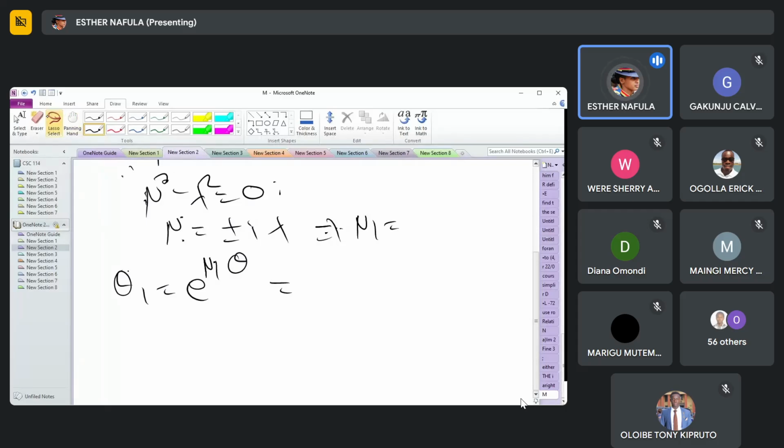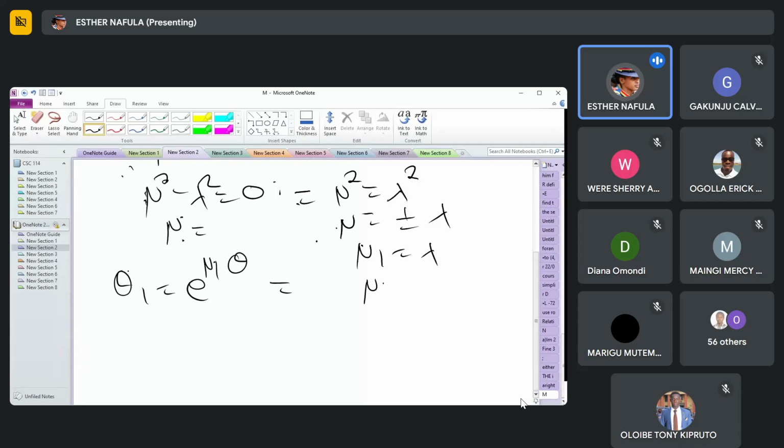It's not complex. If you solve mu squared equals lambda squared, then this is the same thing as mu squared equals positive lambda squared. So mu is plus or minus lambda. So you can set your mu 1 to be positive lambda, your mu 2 to be minus lambda.